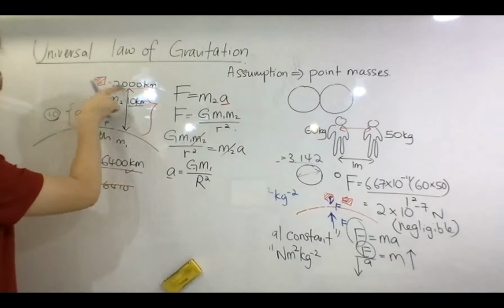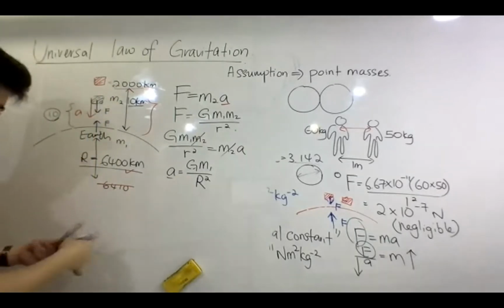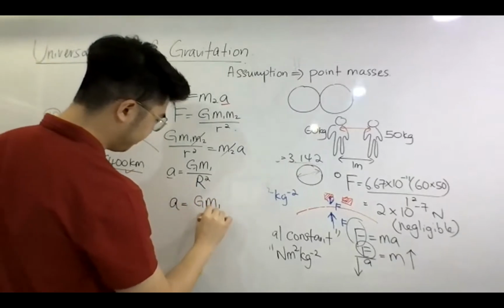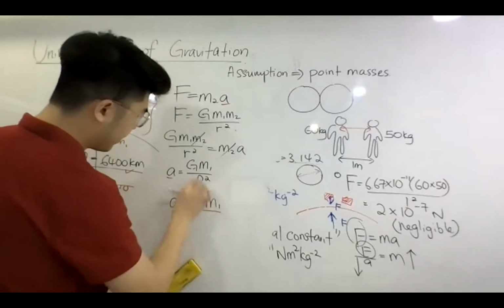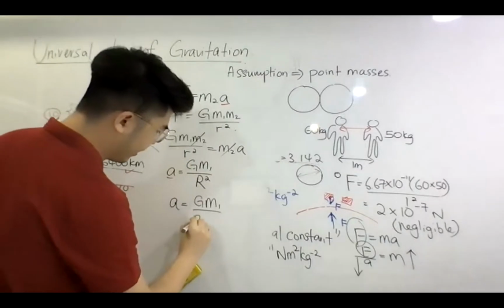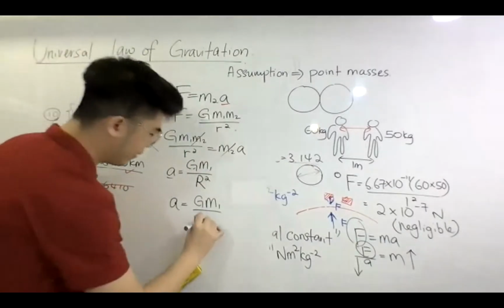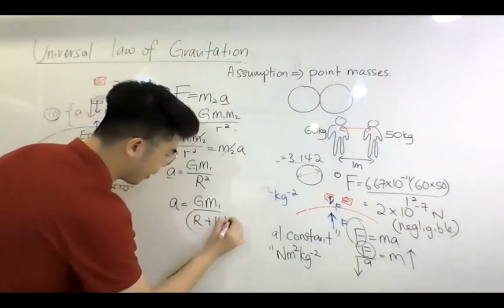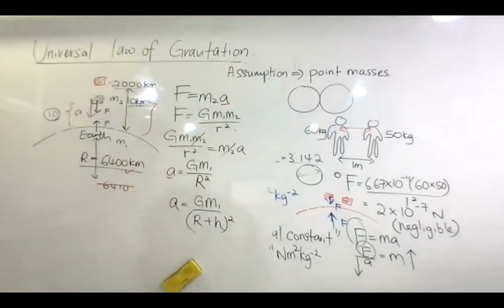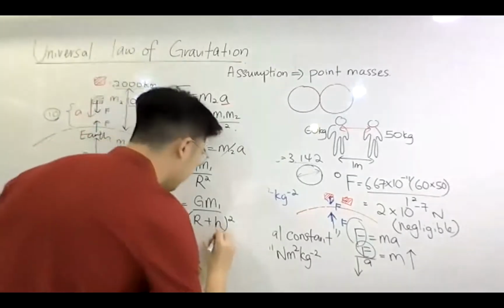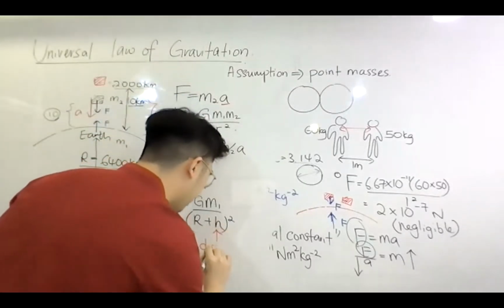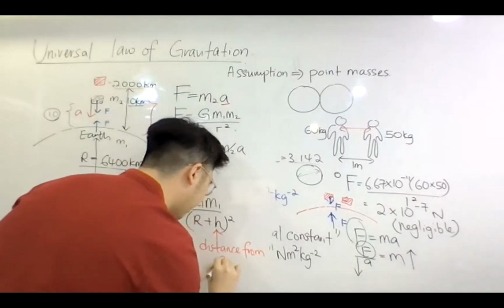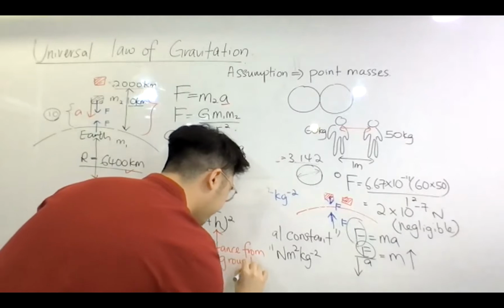So in this case, this one I will write like this: acceleration 等于 G m1 over 这个 r 就是变成 radius of Earth 再加你的 altitude h, squared. 这个是什么？这个是 distance from ground. Okay.